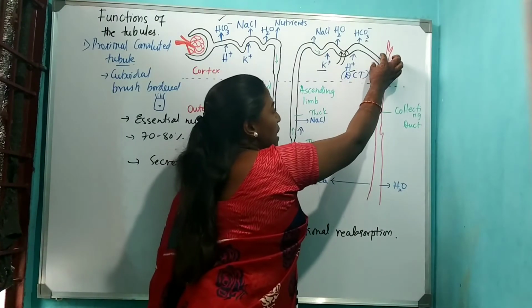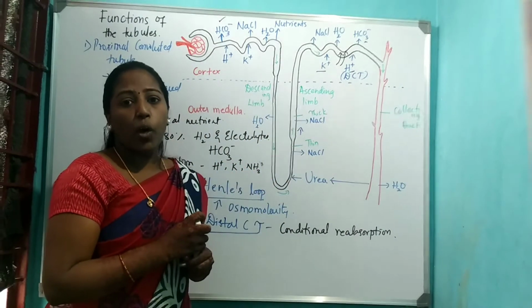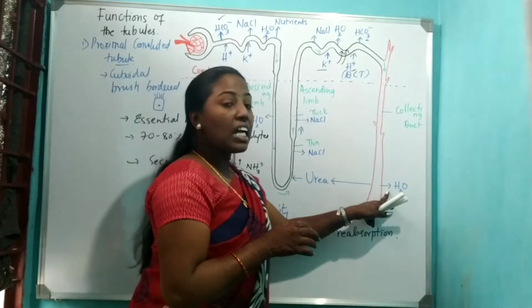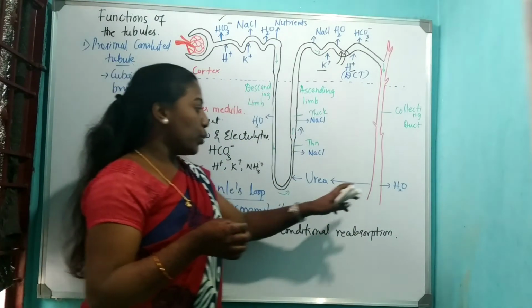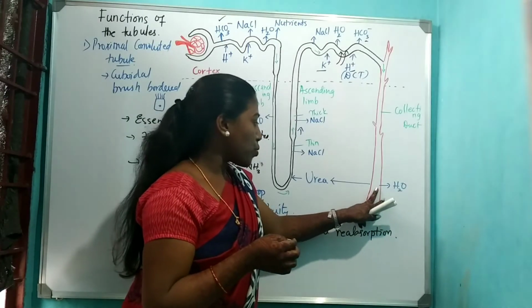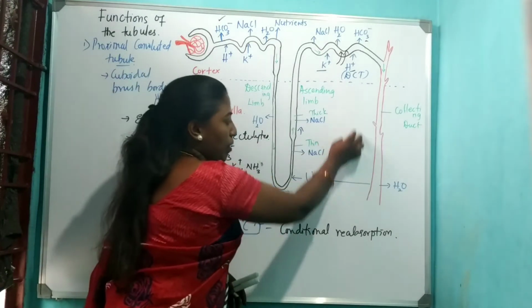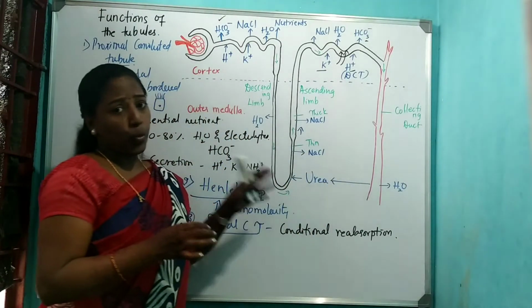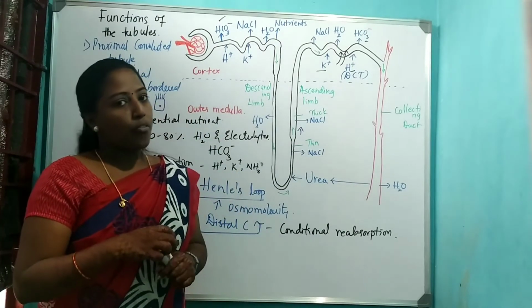When the filtrate enters the collecting duct, maximum reabsorption of water takes place, and a little amount of urea from the collecting duct is reabsorbed into the medullary fluid. In this way, concentrated urine is formed.